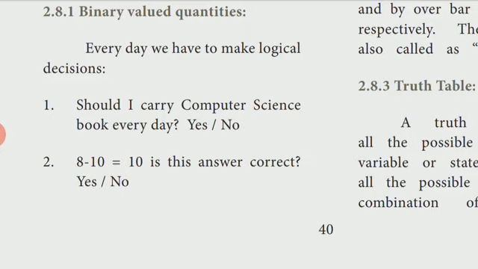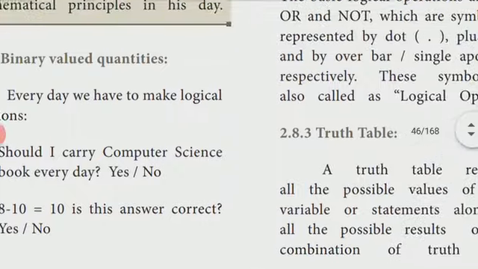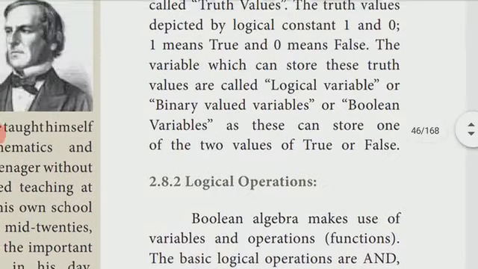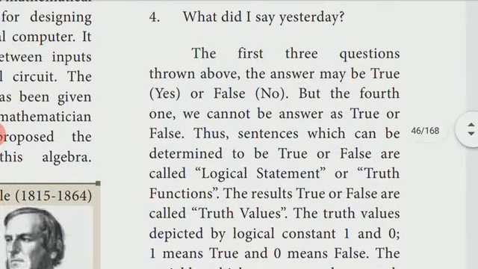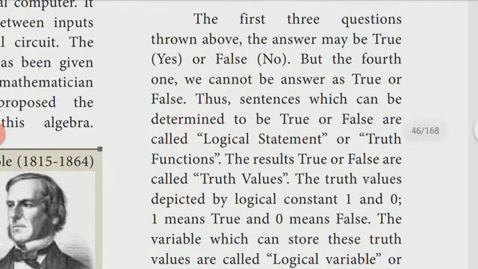Can you explain the answer with yes or no? We can't. Like this, for some questions we can say the answer within one word, yes or no, and for some questions we can't.